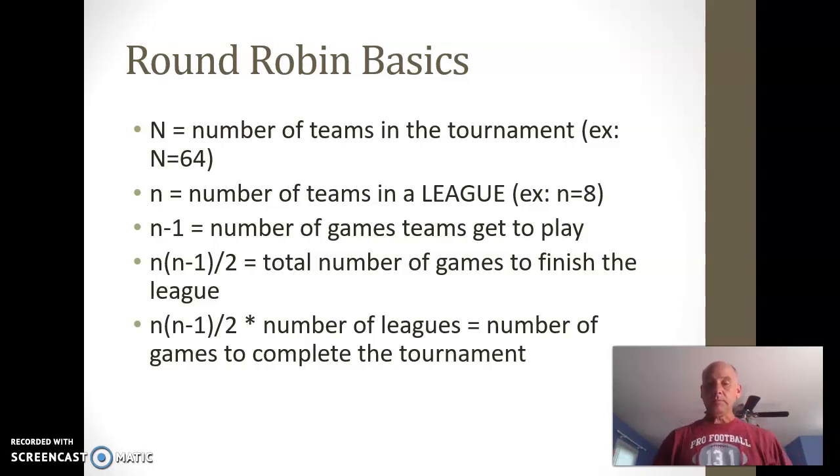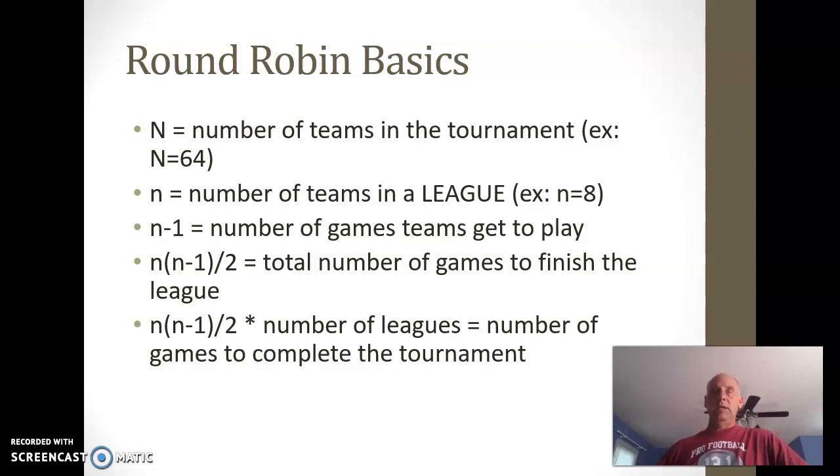Now that was just one league, but we have 8 leagues going on, with 64 total teams. So now we want to look at the number of games to complete all the leagues. We figured out we have 8 teams per league, minus 1 is 7, times 8 is 56, divided by 2 is 28, times the total leagues.